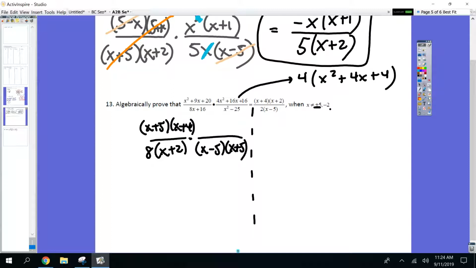And it looks like I can factor that again. You guys over in the corner here, you guys are responsible for factoring it again. I got a 4. Factor that for me. What do you end up with? X plus 2 in one parenthesis, and in the other parenthesis, another x plus 2. Good.